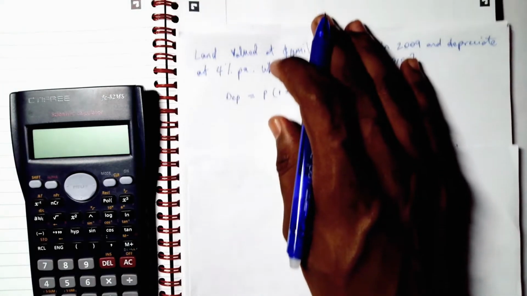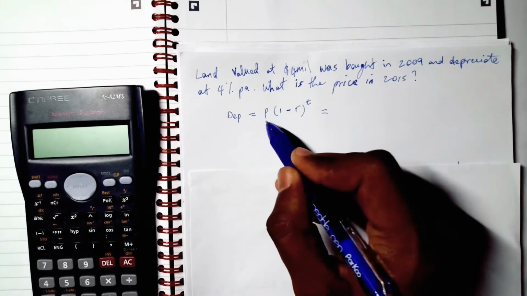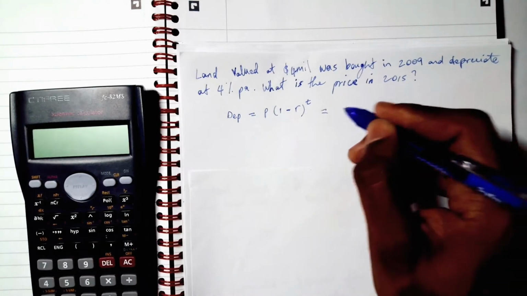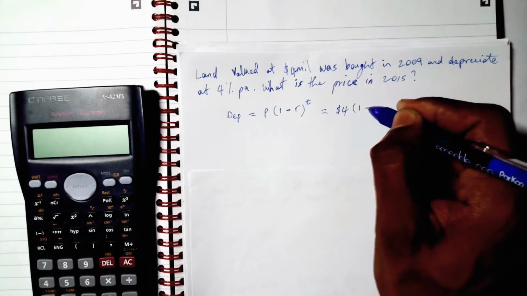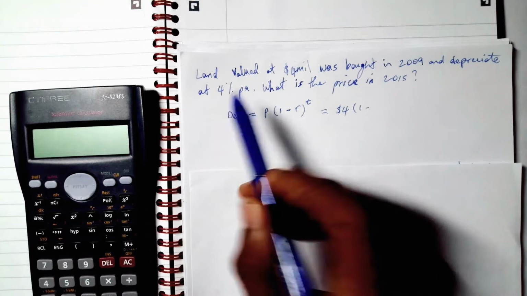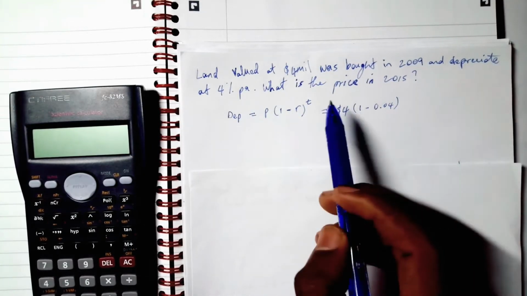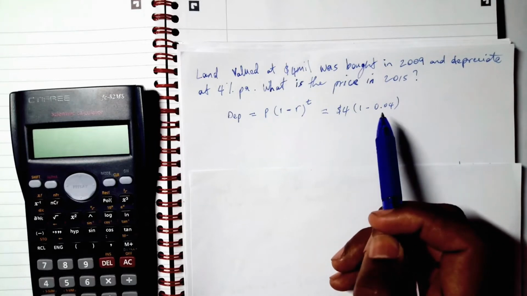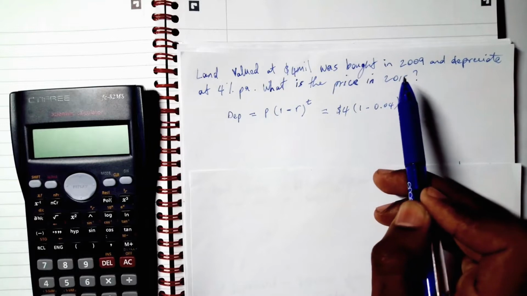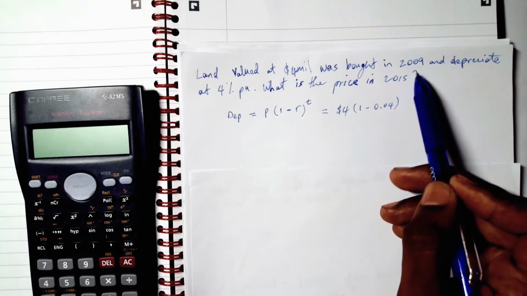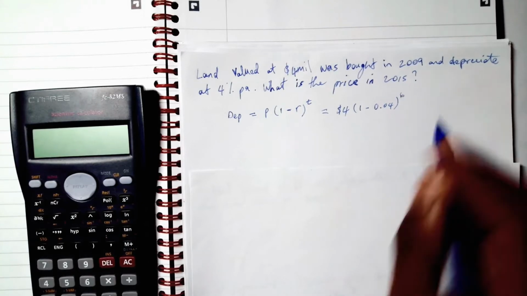When we're filling in the blanks, our initial value or principal will be 4 million multiplied by 1 minus the interest rate, 0.04, raised to the power of t. And t in this case will be the time period from 2009 to 2015. When we subtract 2009 from 2015, we get 6.